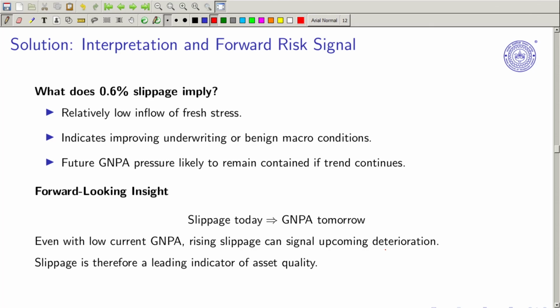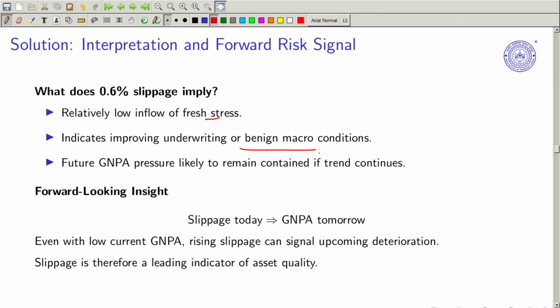It implies that you have very low stress, a relatively low inflow of fresh stress. It also indicates improving underwriting, or you can think of it based on the macro conditions. There will not be much impact on the GNPA because slippage is just 0.6. Had it been 1%, 1.5% or 2%, then that would have been a concern.